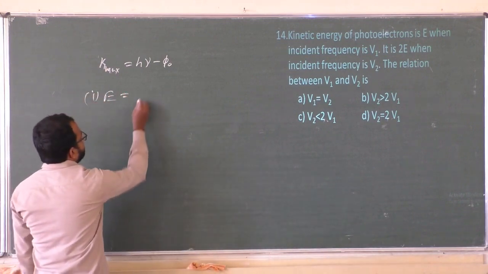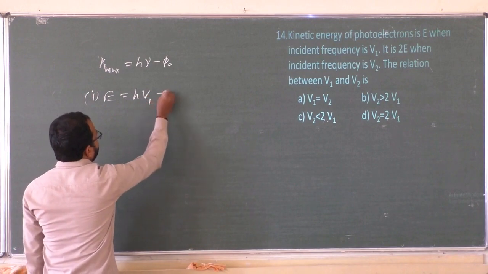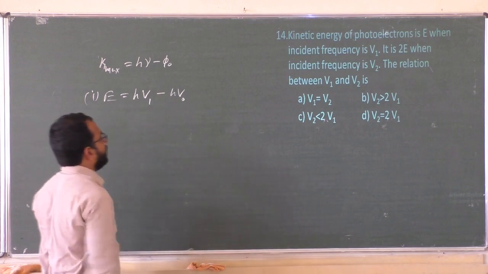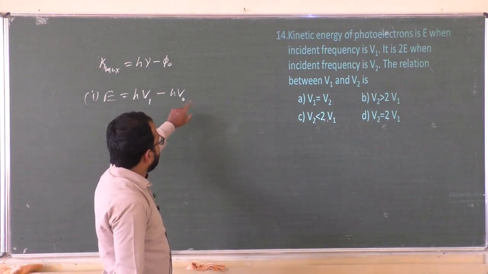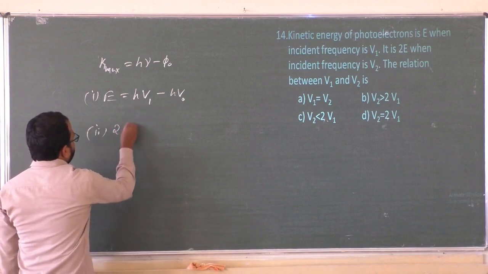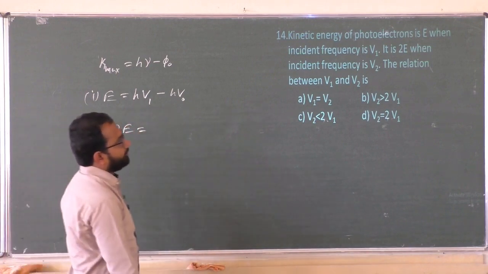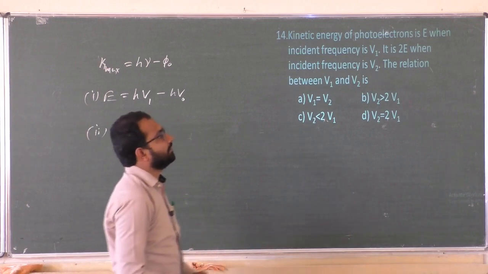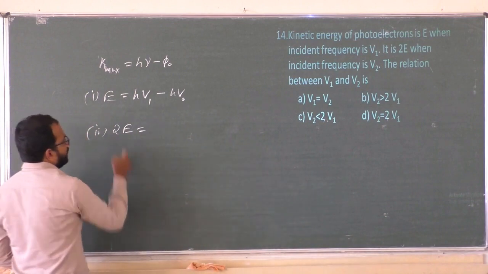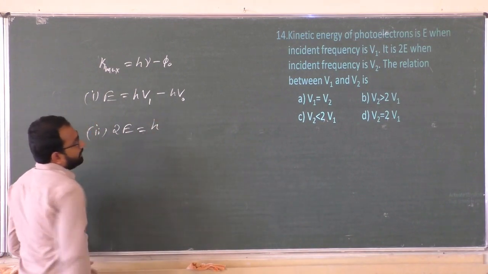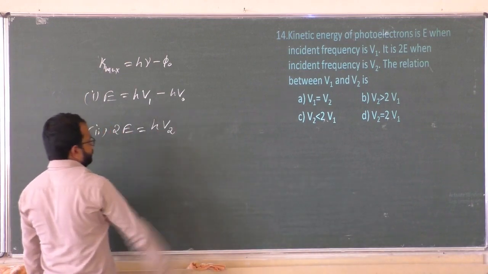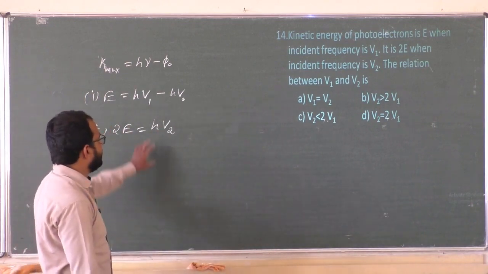Let the work function be h V0, where V0 is the threshold frequency. Now the emitted photoelectrons have energy twice the initial value of kinetic energy, that is 2E, if the frequency is V2 on that particular metallic surface.